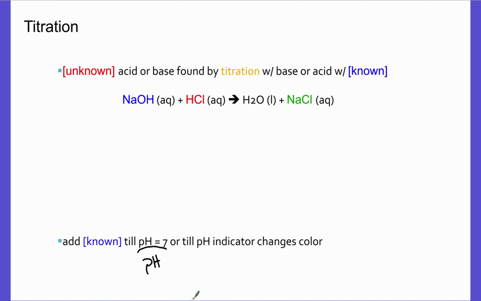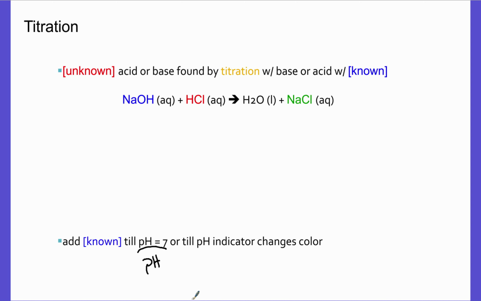But you could figure out when it hit 7, and that would be your equivalence point, right? I'm looking for a point where the amount of sodium hydroxide is equal to the amount of hydrochloric acid because they've reacted together and all you have is water and salt.